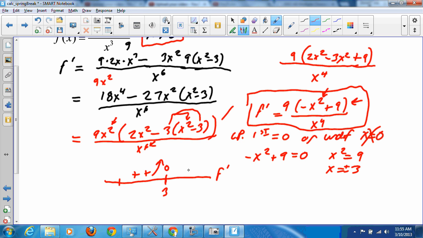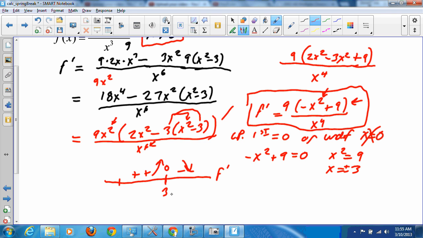And just try another value like 4 here. Positive 4 is a good candidate. We have 4 squared would be 16. A negative 16 plus 9 is negative. So the derivative becomes negative over in this interval, indicating that this function is decreasing.